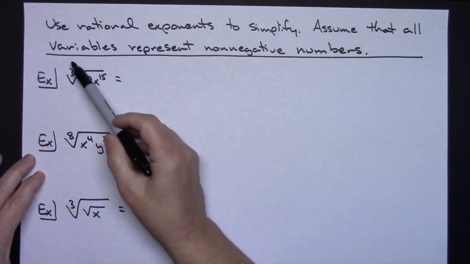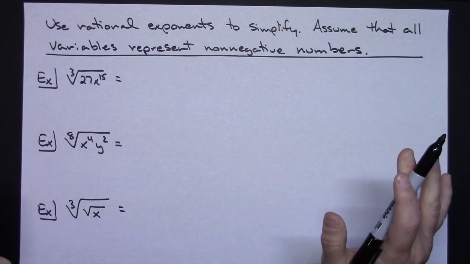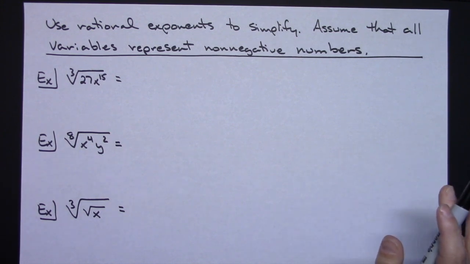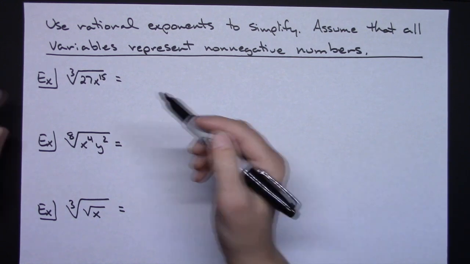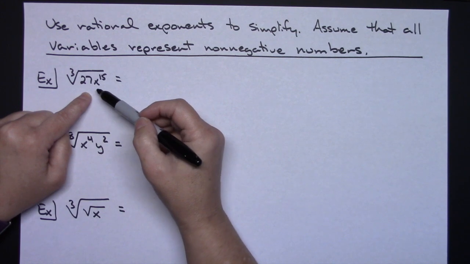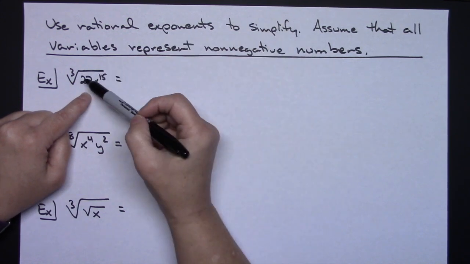We are going to assume that all variables represent non-negative numbers, so we're not going to deal with any absolute values or anything. So for this one, I'm going to rewrite this using the different rules that I've shown in the two videos.